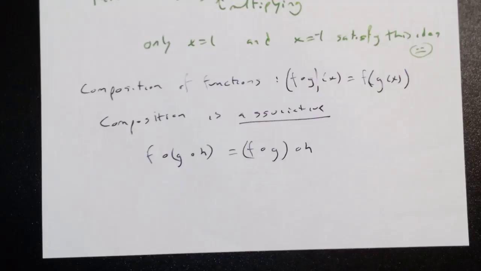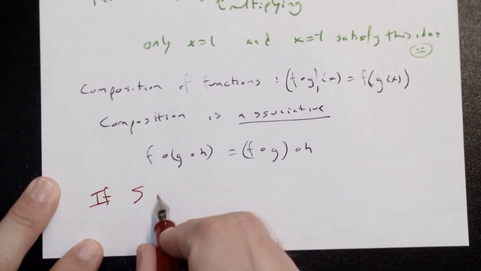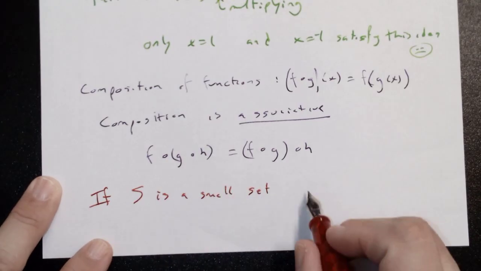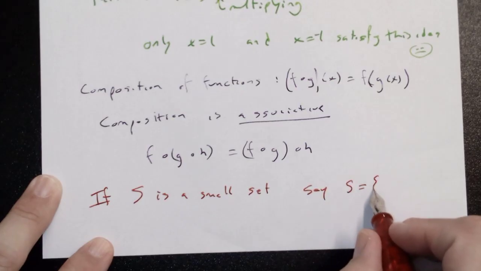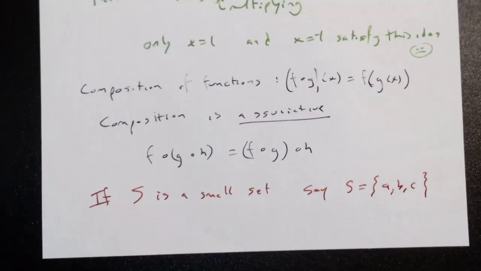Let's suppose I have a small set. Integers is infinite. Real numbers is infinite. Arrangements of U3, there were only 6 things, right? I'll pick an even smaller set. And I have a binary operation.